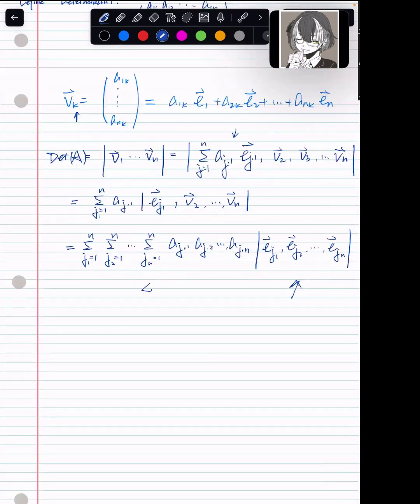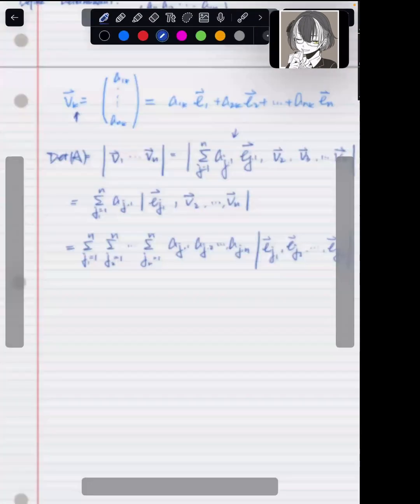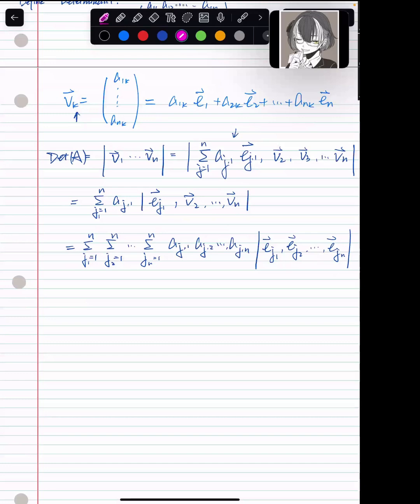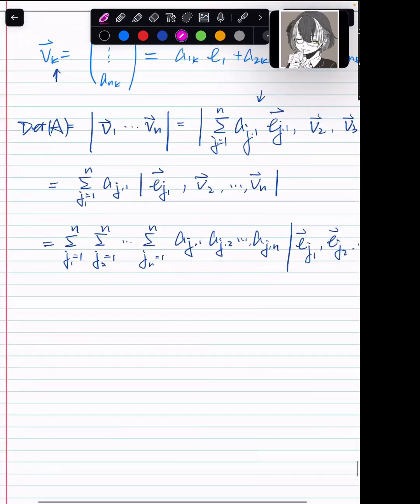And for the sum, the cases where the determinant is 0 don't change anything because we'll be adding 0. So what we really care about is when the ji's are distinct.